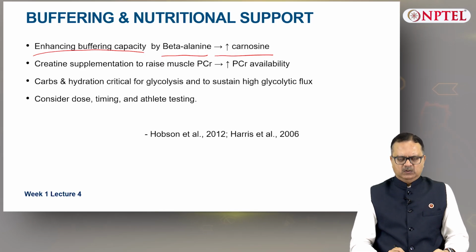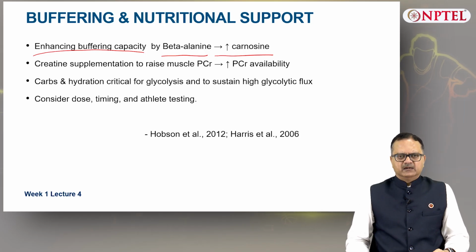You have to focus on supplementation. By vegetarian athletes, I mean pure vegetarian or vegan athletes. Indian vegetarian athletes take milk and milk products, so they are getting some beta-alanine from their animal sources.